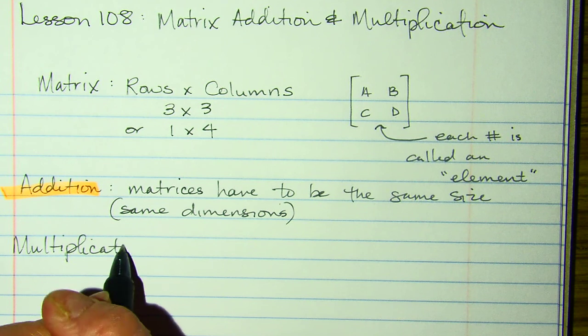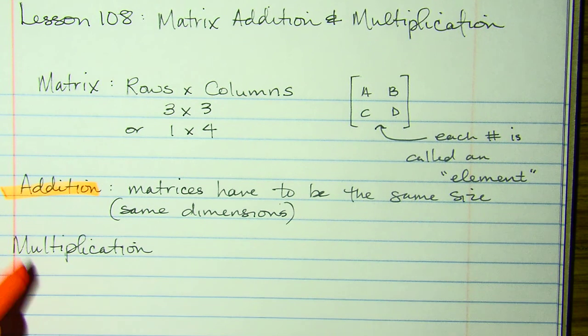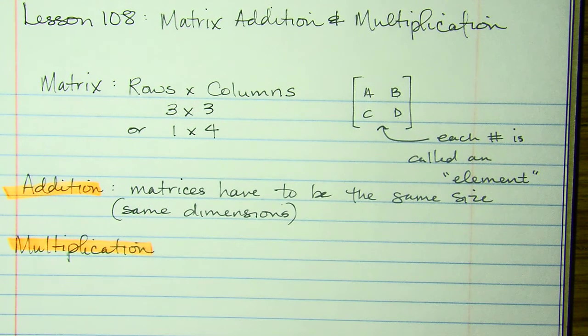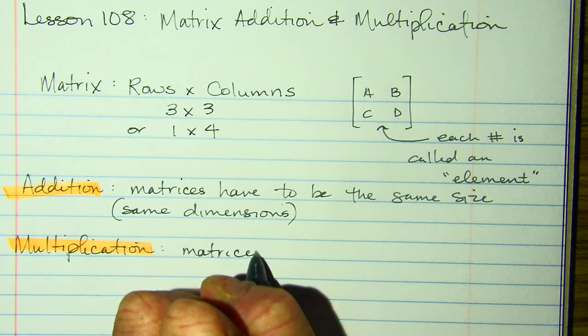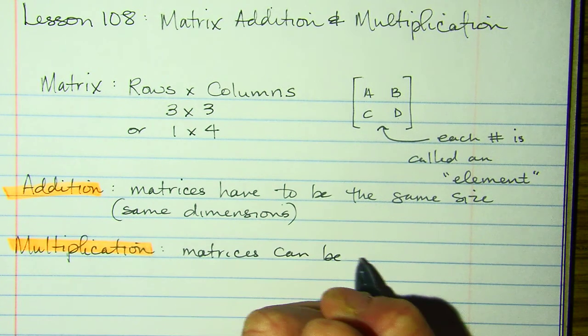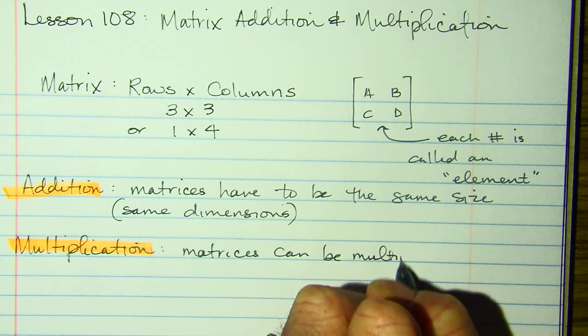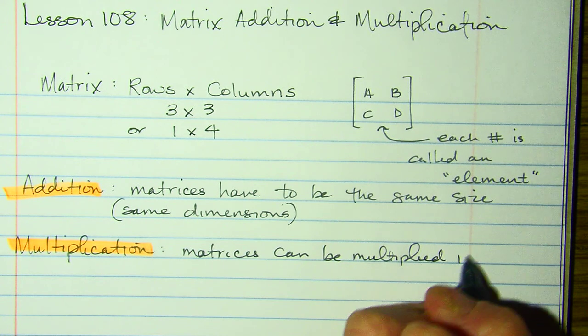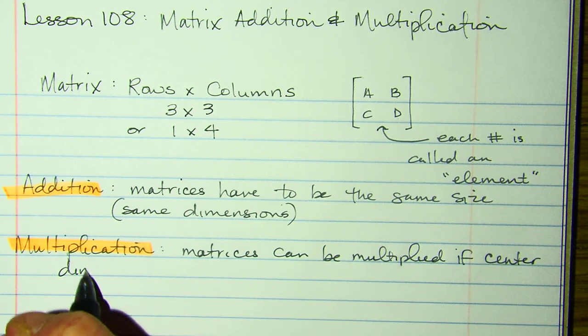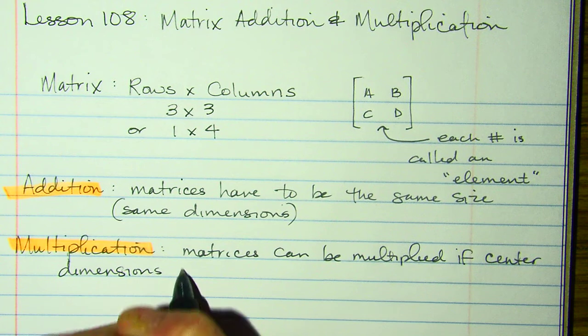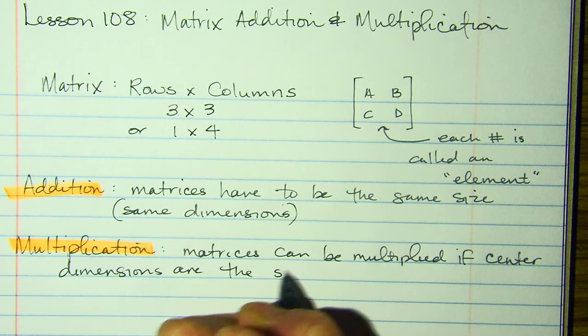In order to multiply two matrices, inside dimensions must be the same. So matrices can be multiplied if the center dimensions are the same.